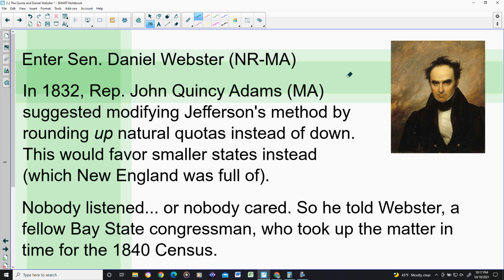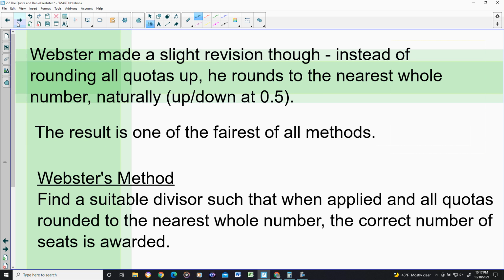Can't round everything up, because that's biased the other direction. So what do you do then? Easy. You round everything at the middle at 0.5, just like you do in school. Why didn't anyone think of that before? Webster's method. Find a suitable divisor such that when applied, all quotas are rounded to the nearest whole number. The correct number of seats is a 1. Whoopsie. Now a straight line.